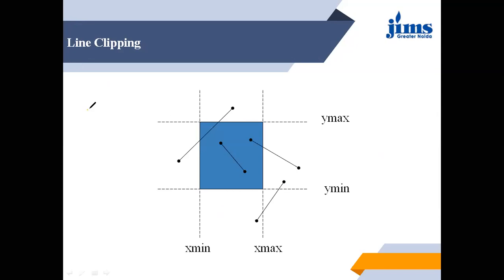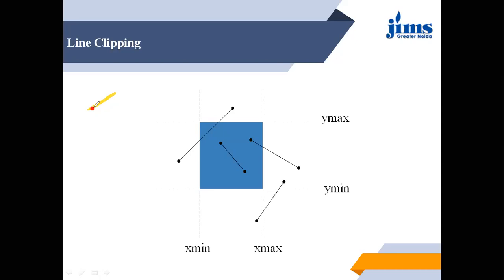Suppose this is a pixel, this is another pixel, and so on. Whatever we were performing on a pixel, the same thing we have to perform on all the pixels. But as this is an advanced technique of point clipping, it is a little bit different.